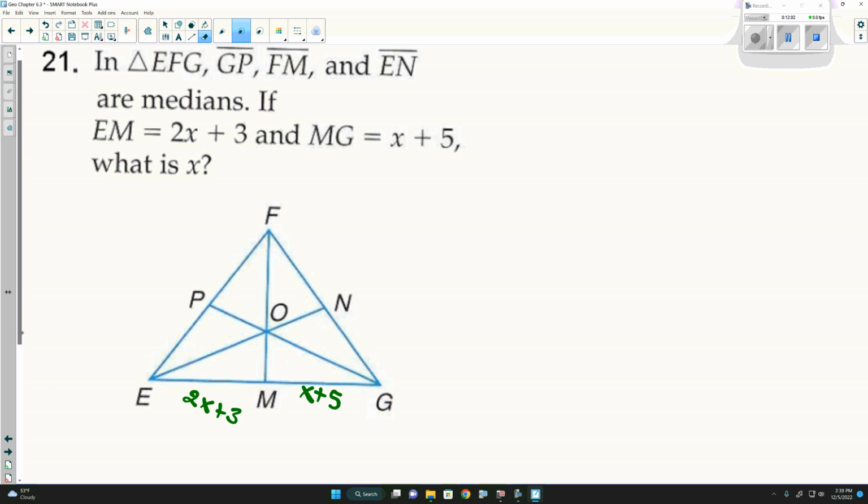Do algebra. So these are all medians, yes? What did we say a median does? It connects the vertex to the middle. So it means they're equal, right? So solve for the value of x.